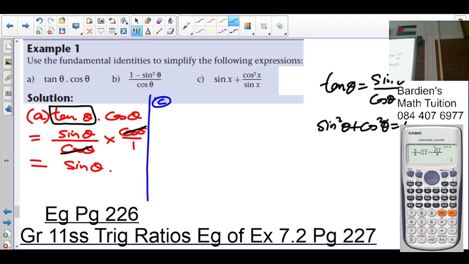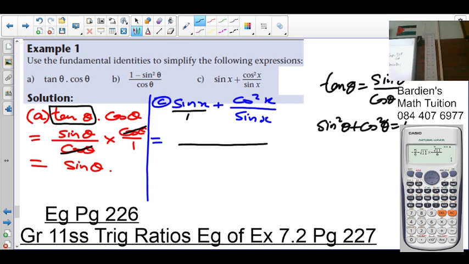It's fine. Okay. So we got sin x plus cos squared x over sin x. What do you think we're going to do here? No, you don't skip anything. LCM. And what is my LCM here? Sin x. So 1 multiplied by what is sin x?